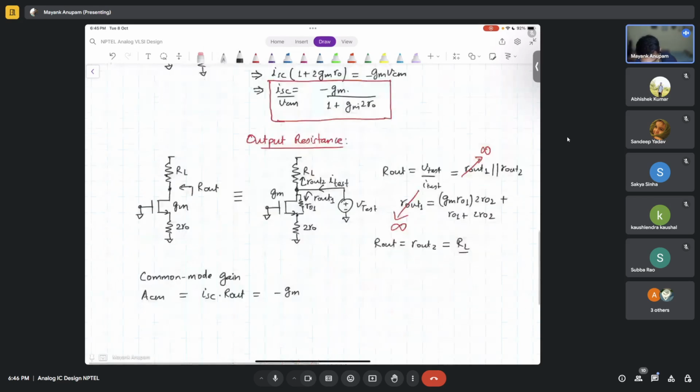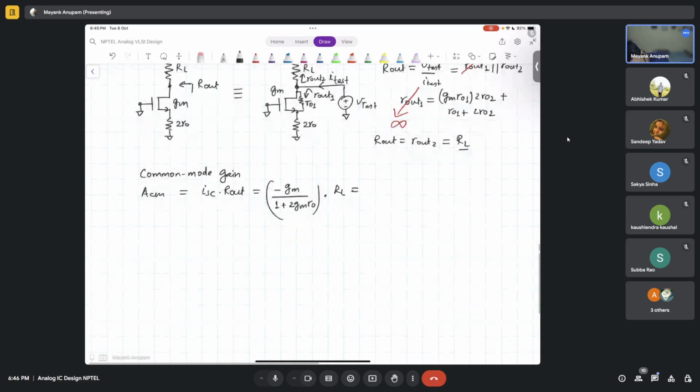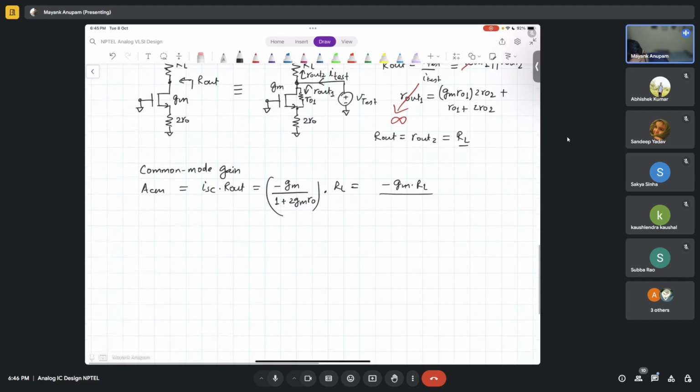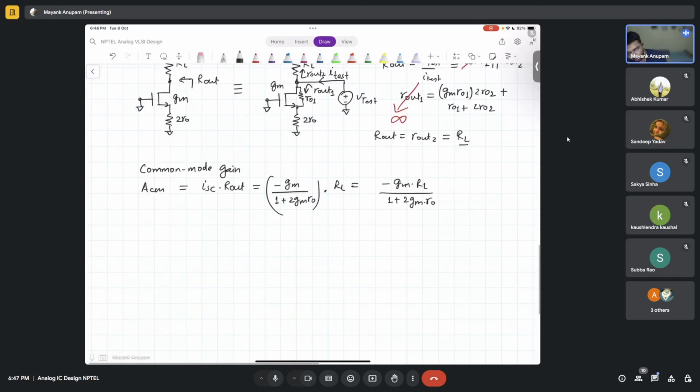Okay. So this is minus GM divided by 1 plus 2 GM R naught, and this is what RL. So what is common mode gain? Minus GM times RL divided by 1 plus 2 GM times R naught. This is your common mode gain, okay?